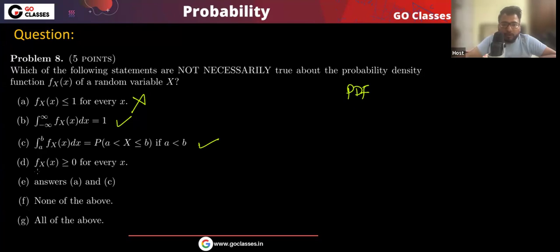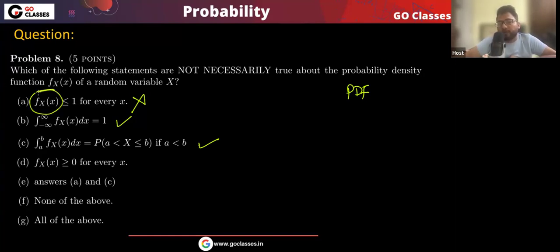Yeah, I think this is okay. What about this? Okay, so Bhargavi Roy is saying that this C is also not necessarily true. Why is that the case? Okay, so A is not true because this is the PDF.